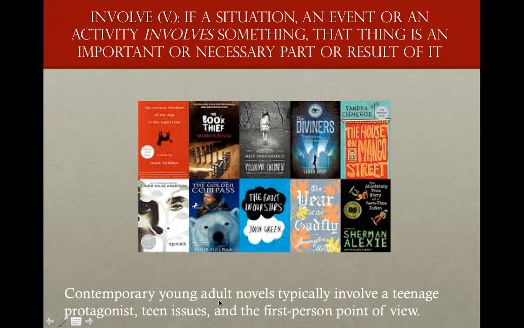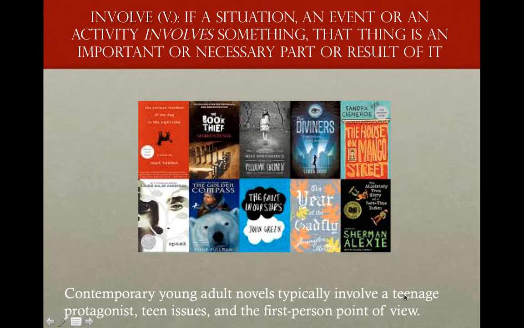Contemporary young adult novels typically involve a teenage protagonist, teen issues, and the first person point of view. So in this case, involve means that there are some important pieces or parts to a young adult novel that are needed or required to make it first a novel and also addressed for young adults.